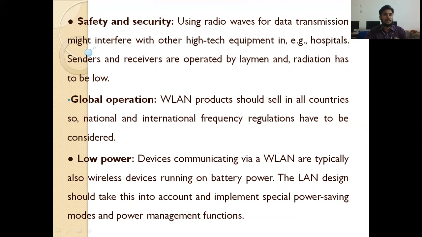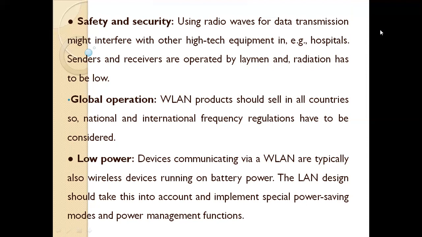But if you are using wireless communication, there is a possibility of connection problems as well as signal drop problems. When those are used in hospitals, in operation theaters, it's a big problem. So that is one of the disadvantages for wireless LANs.